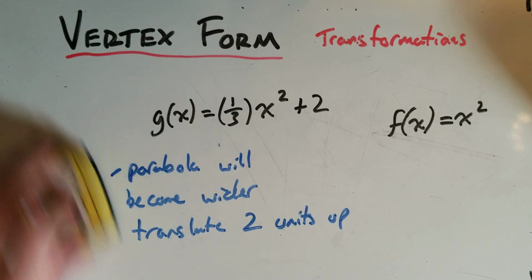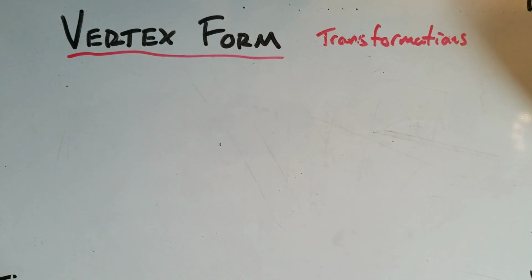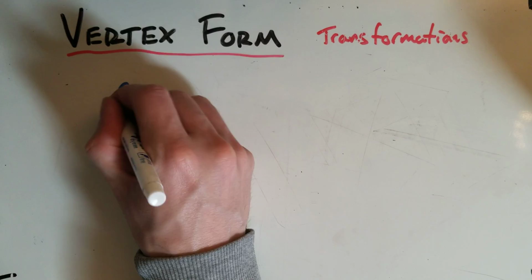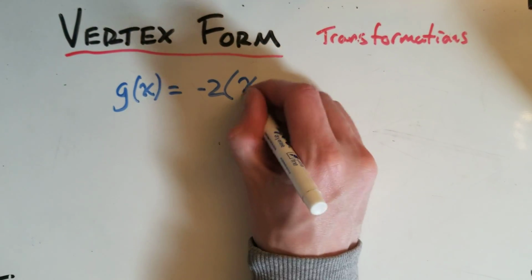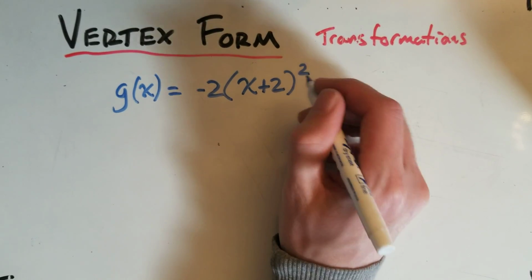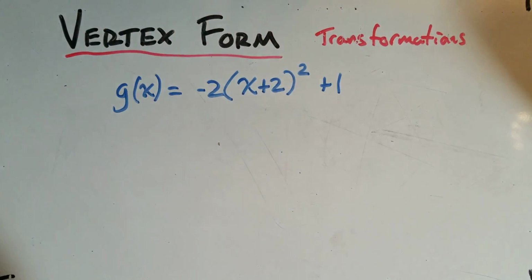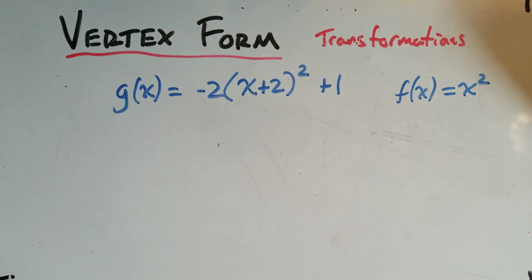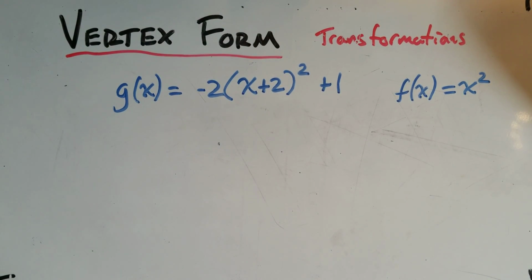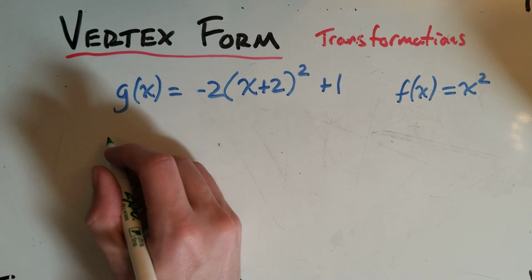Alright, our last one, you can try some of these on your own. We have g of x equals -2 times the quantity x plus 2 squared plus 1, and we're comparing that to the parent function f of x equals x squared. So there's a lot going on with this one. Let's look at a.